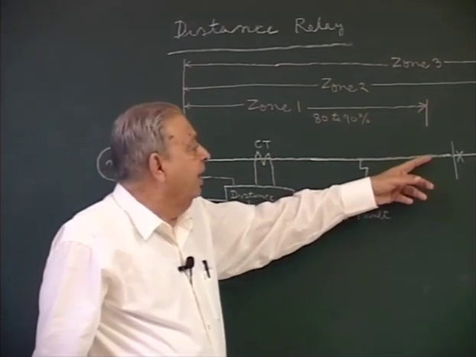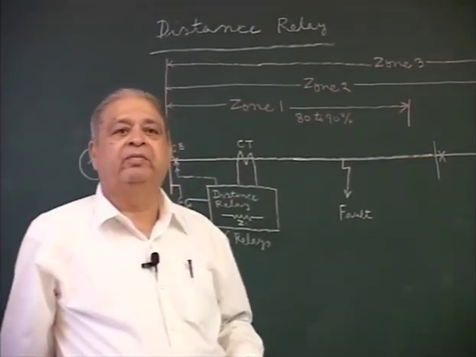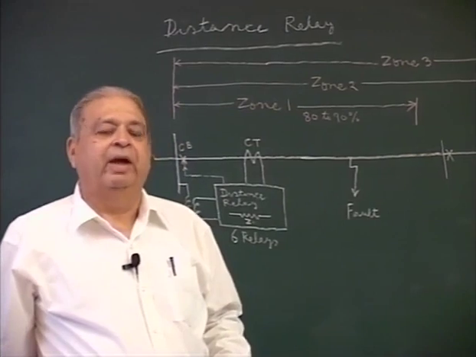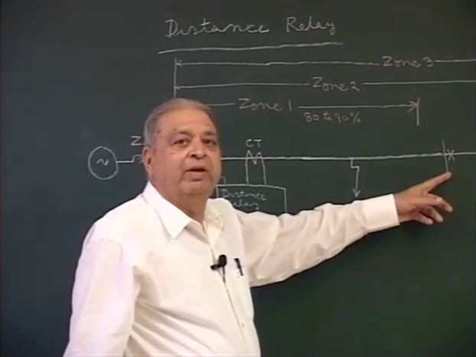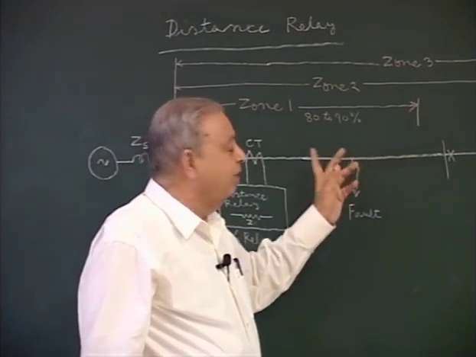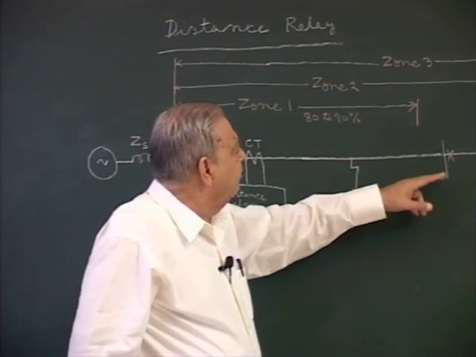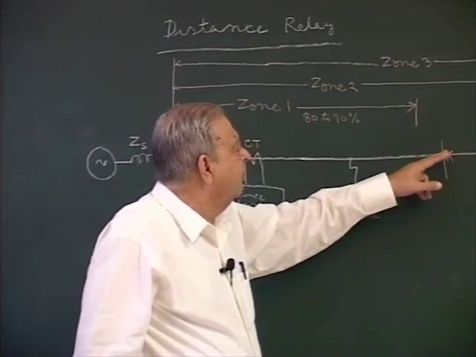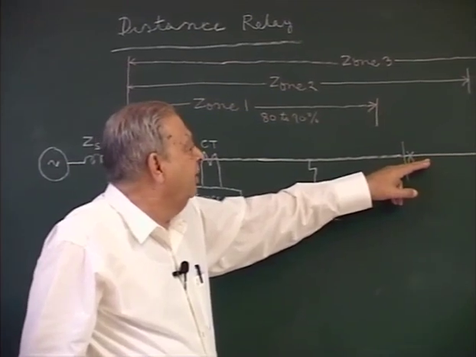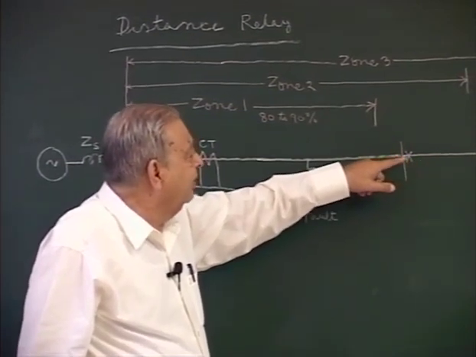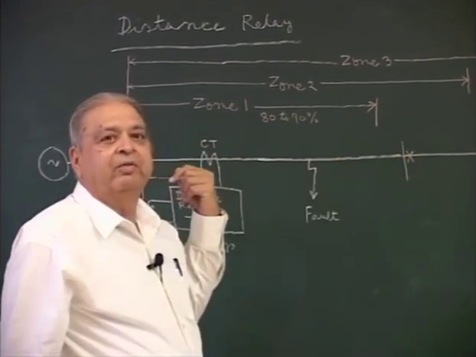We leave a little gap here, that is from 10 to 20% deliberately, so that any fault occurring on this bus may not be wrongly measured by this relay, and this fault occurring on this bus or here very close to the circuit breaker, that is sensed only by the relay located at this location and not by the relay at this location.